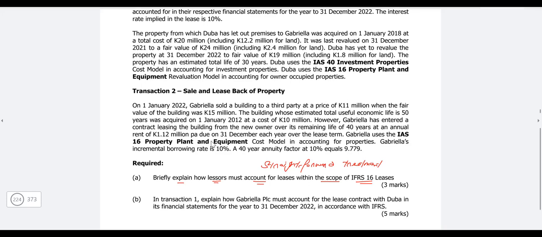Then we have in transaction number 1, so we have 2 transactions in the question. In transaction number 1, explain how Gabriela PLC must account for the lease contract with Duba in its financial statements for the year to 31st December 2022 in accordance with IFRS, obviously IFRS 16. So we need to see who is Gabriela PLC.